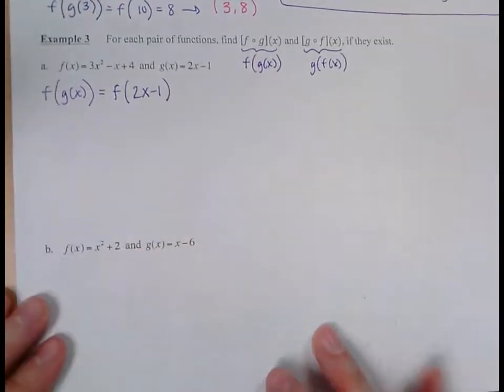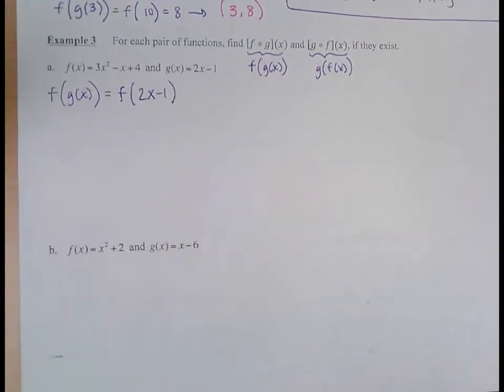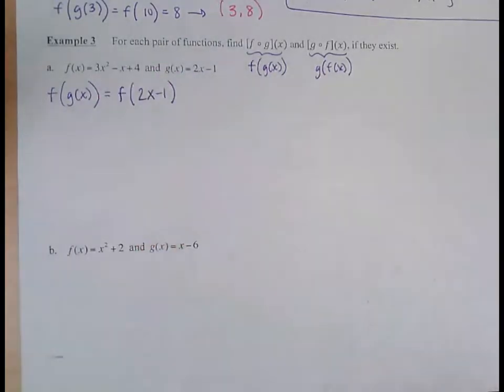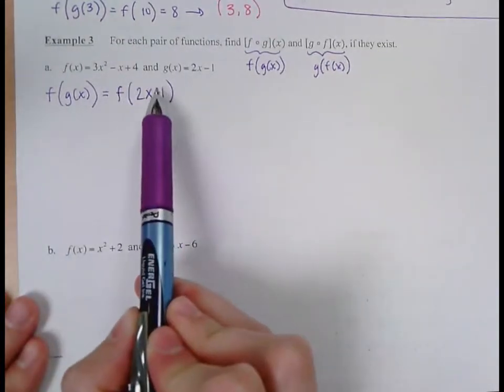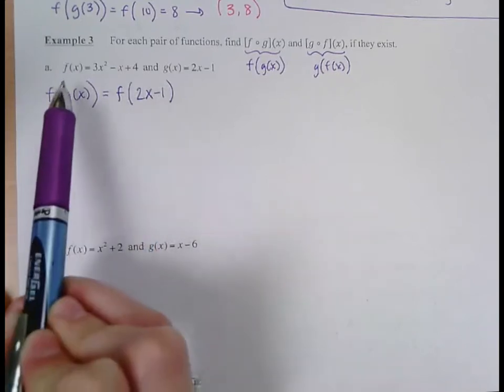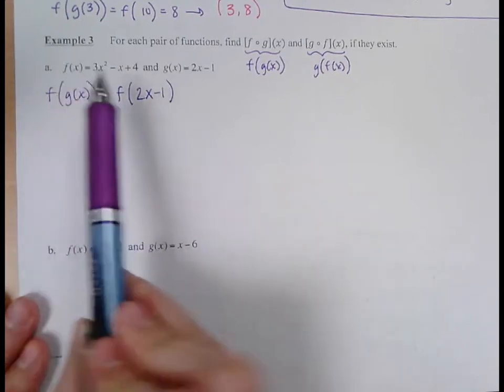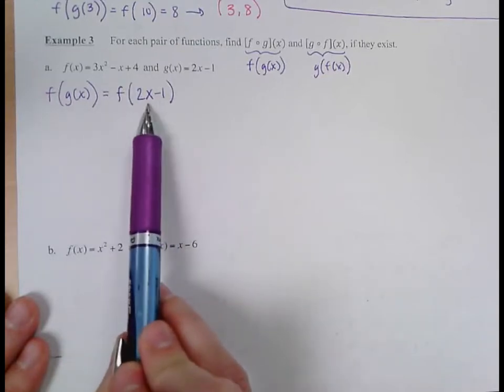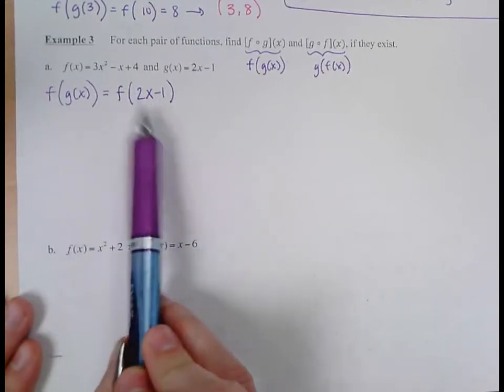Now this is what I was saying on your Chapter 5 test. I think I gave you a function p of x, and I said find p of x plus 1, or something like that. This is now that same type of problem. If I'm finding f of 2x minus 1, that means I look at the function f of x, and wherever I see an x, I have to replace it with the quantity 2x minus 1 and then simplify it.